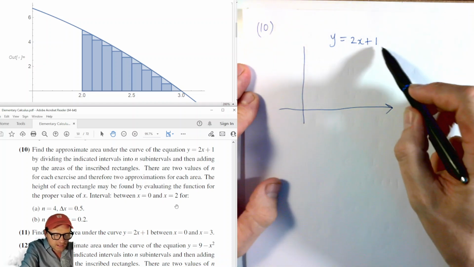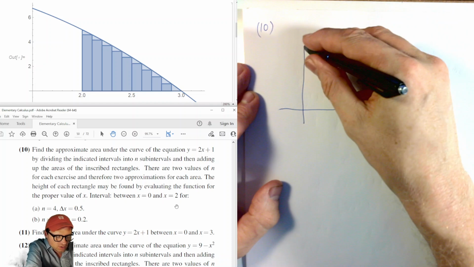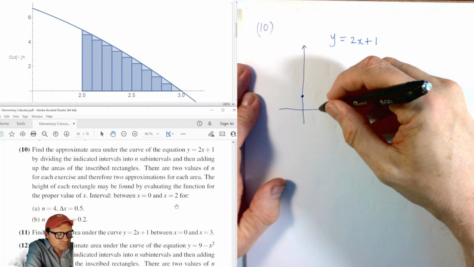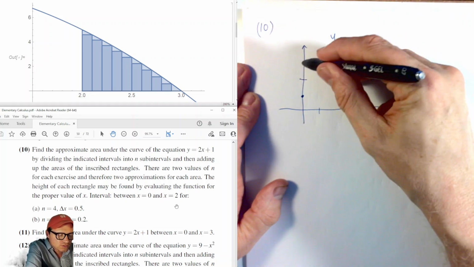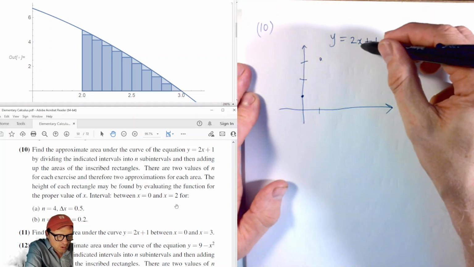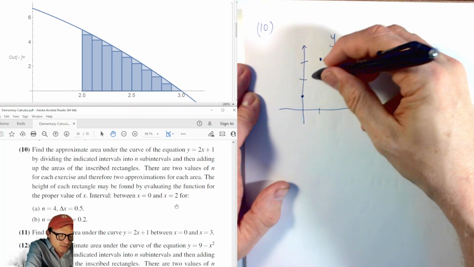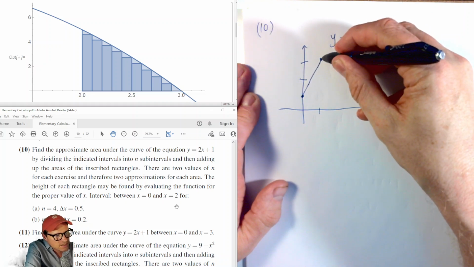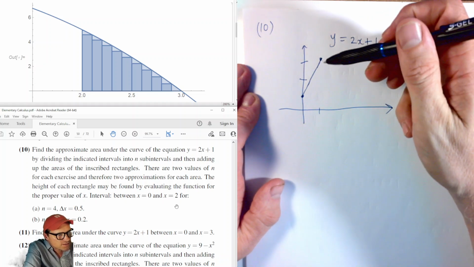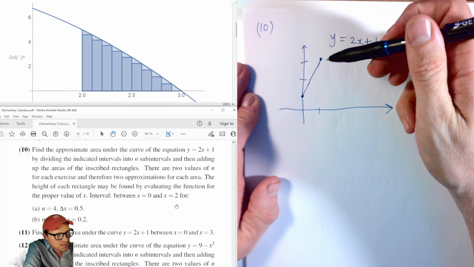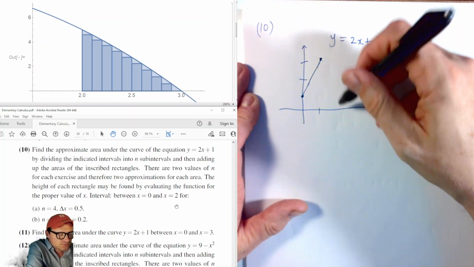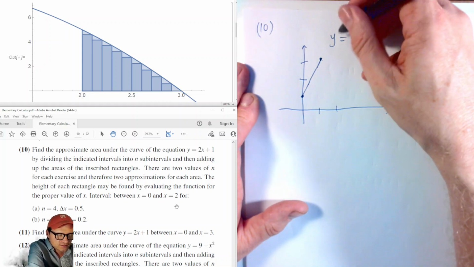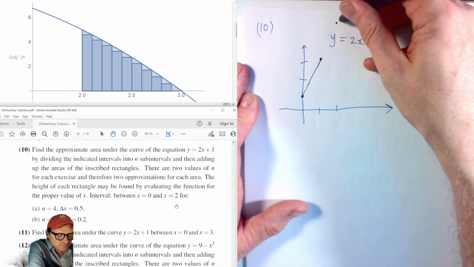All right, so when x is equal to 0, we have y equals 1, so we have a point there, and then we have a slope of 2, so we have another point, (1, 3), and so our line comes up through here. Now it says area under the curve. Well, what are the boundaries here? From 0 to 2, okay? From 0 to 2, and so then up here we'll have another point, (2, 5).